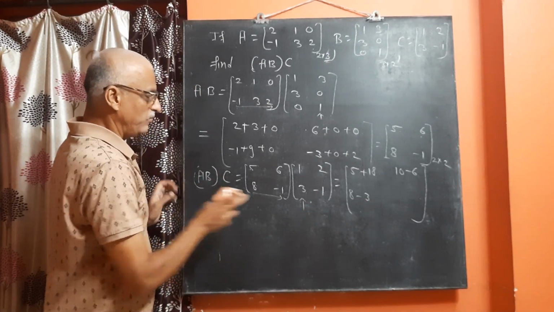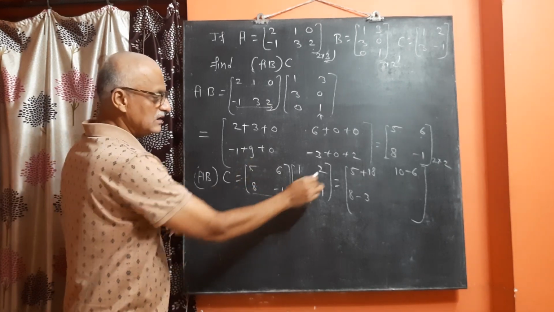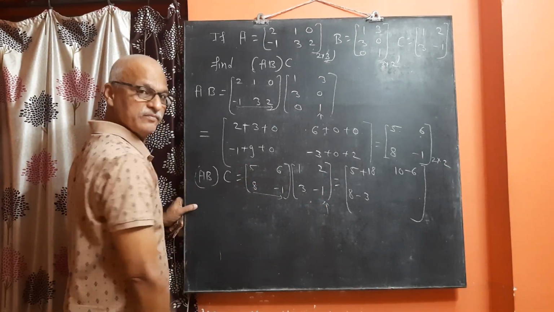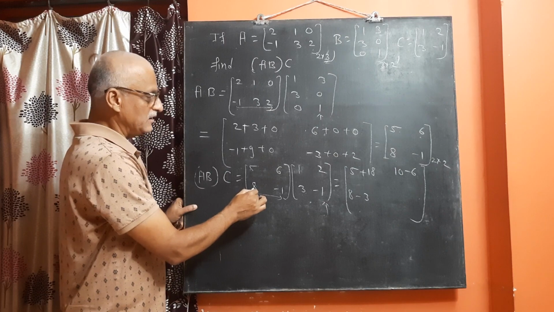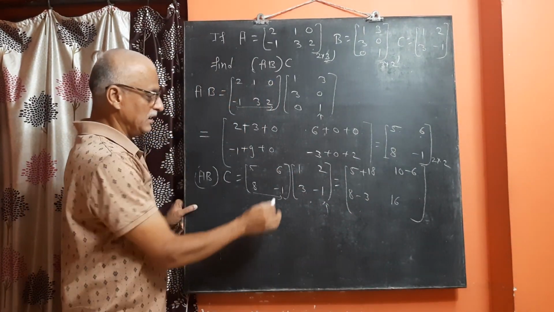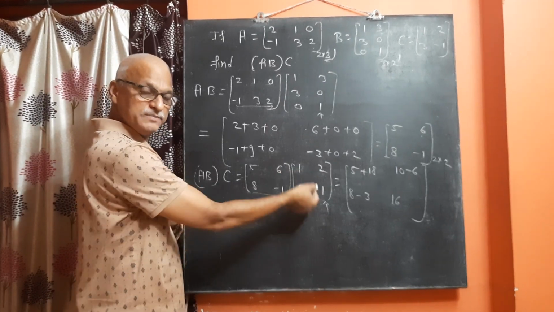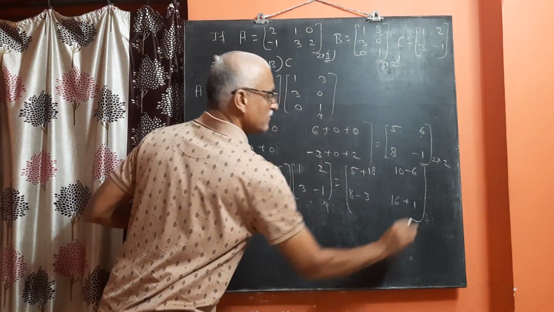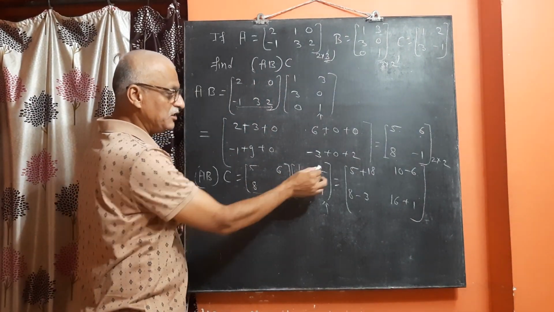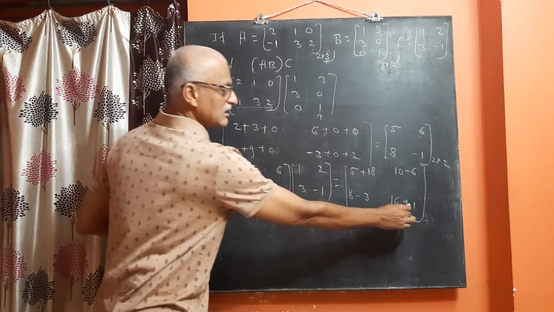Then second row, second column, that means this much. 8 into 2 that is 16, minus 1 into minus 1, minus of minus is plus, so that will be plus 1. I repeat again, 8 into 2 is 16, minus 1 into minus 1 that is plus 1.